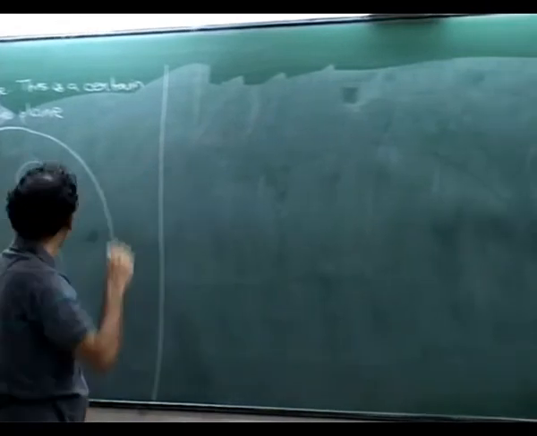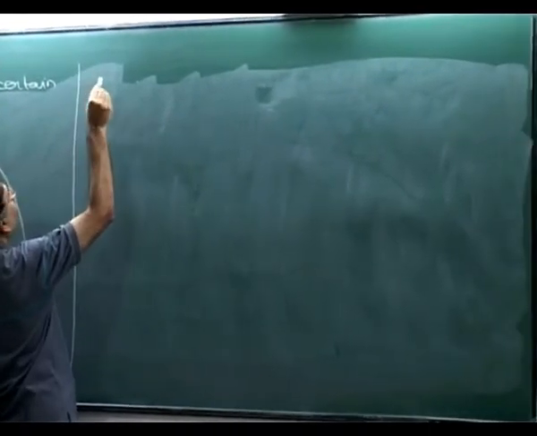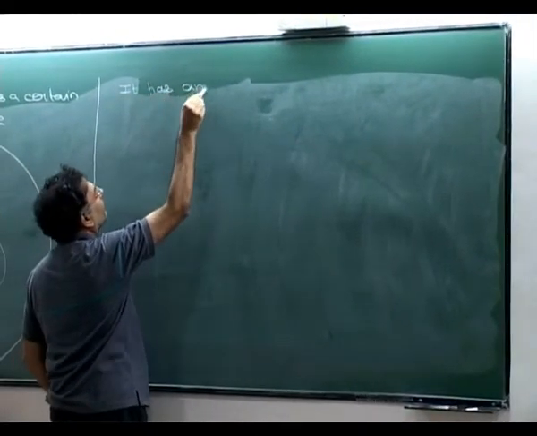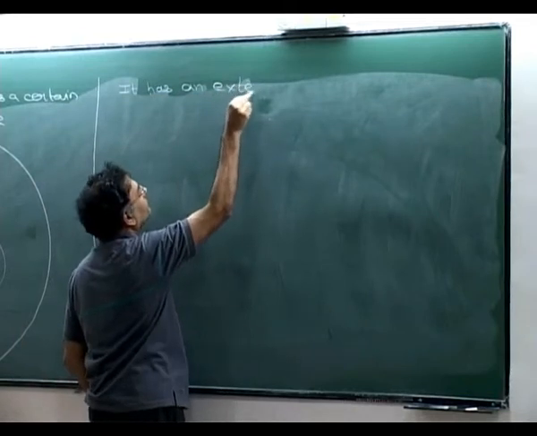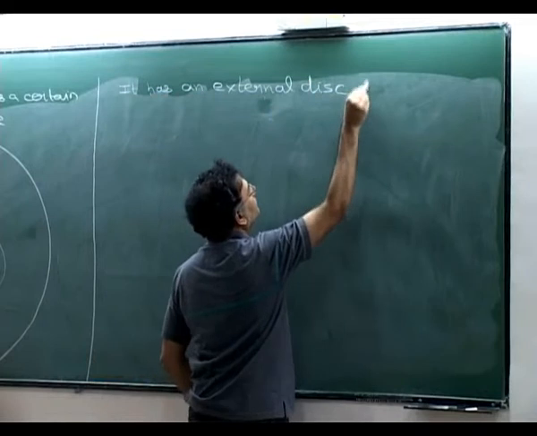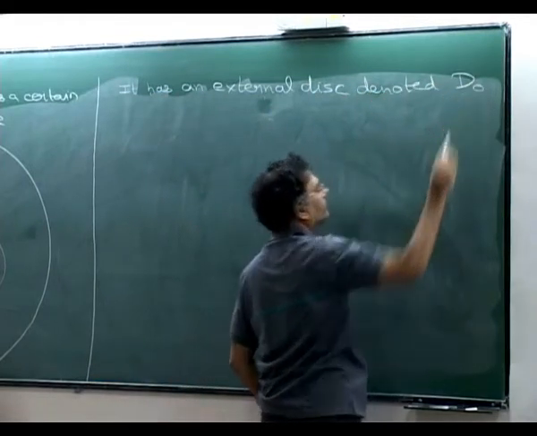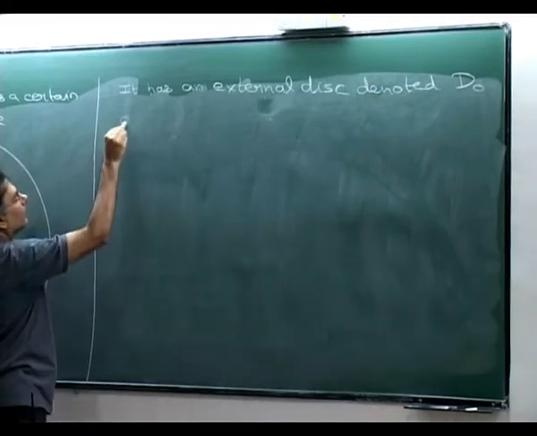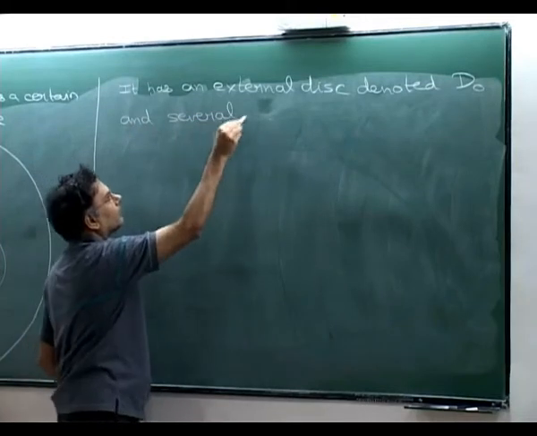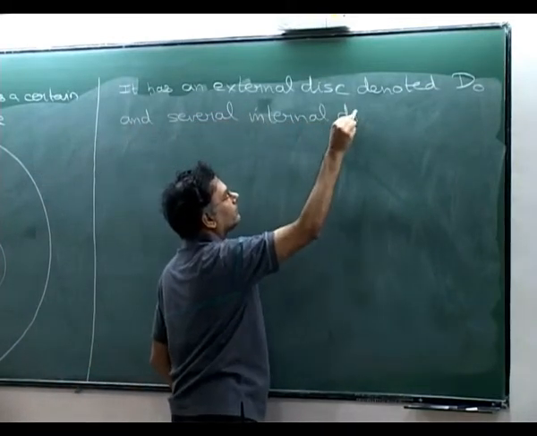So I'll keep writing here and keep drawing here. So the first ingredient is it has an external disk. Normally it's denoted D0 and several internal disks.